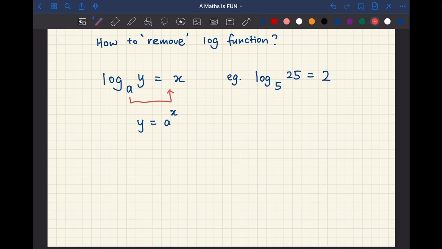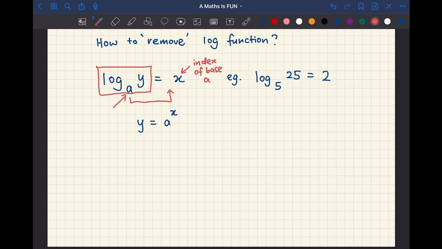Remember I said earlier that this whole log function is actually the index of base a. The x represented by log y base a is the index of the base of the log, a.